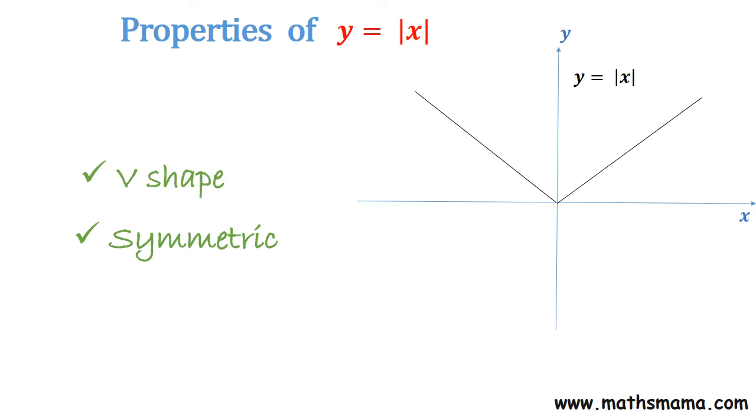Finally, there is a vertex at 0, 0. That vertex shows the minimum point of the y equal modulus x graph. So we can further talk about some other properties when it comes to different transformations, which we're gonna learn in the next chapters.